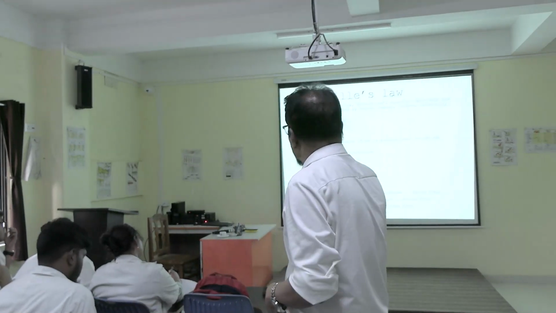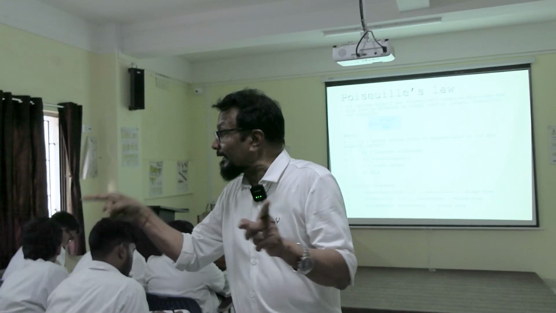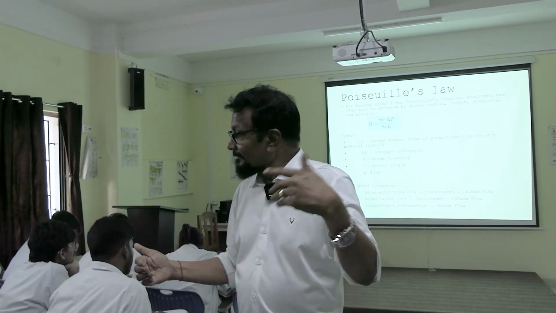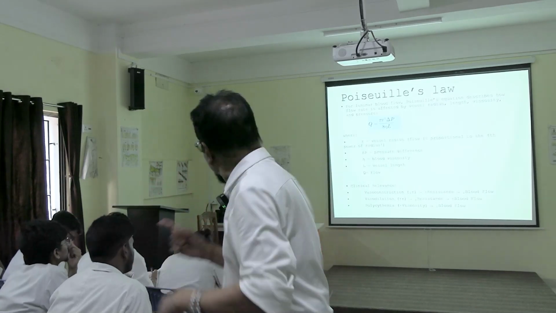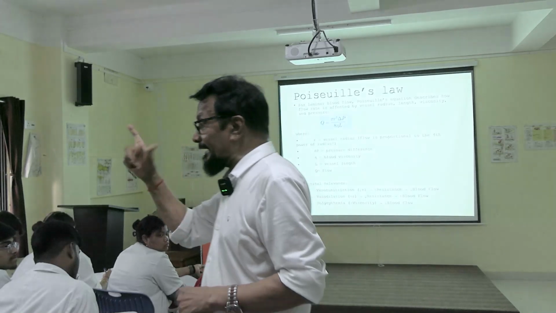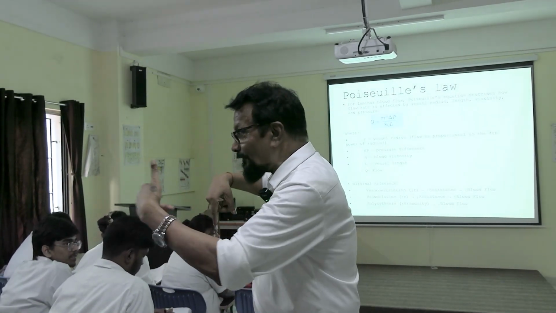And the second one is pressure change. Any fluid will be passing from this point to this point. So what is the pressure difference? That is the delta P. If the delta P is high, pressure change is high, flow will be more, directly related. And the more the radius, the more will be the flow.